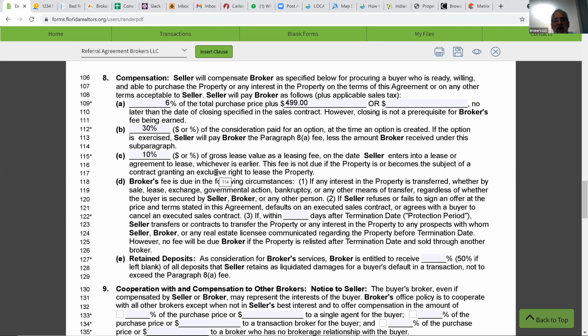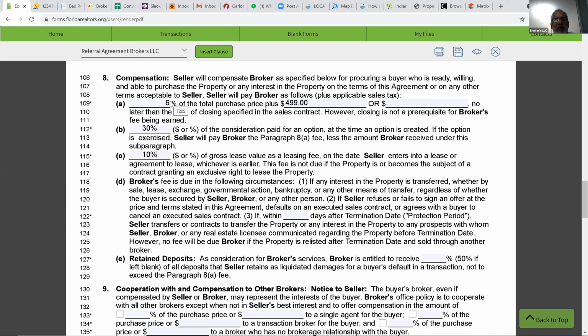So the 12 months lease by the 10% will be part of your commission. Exactly the same thing. It will be towards the total commission that you're accepting on the sale.